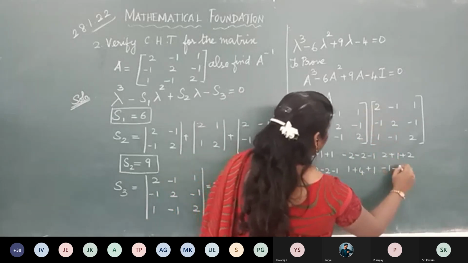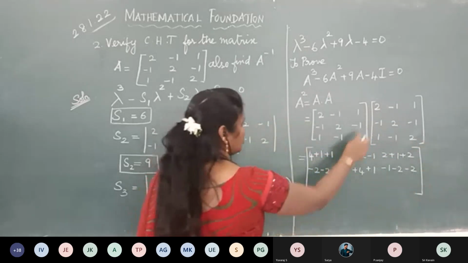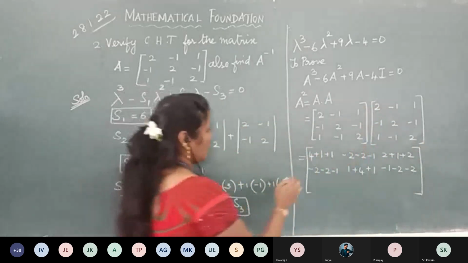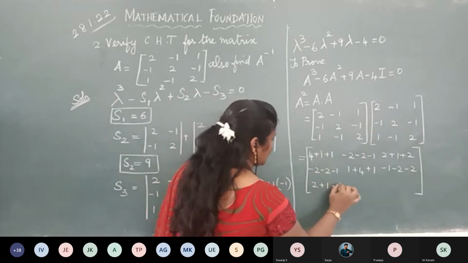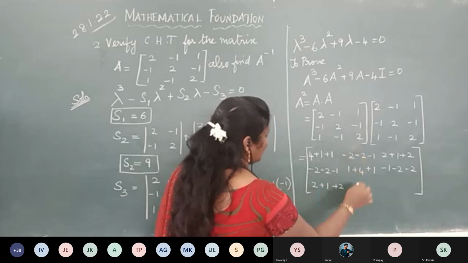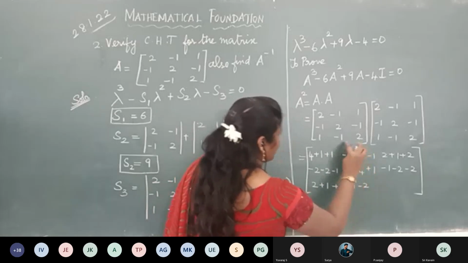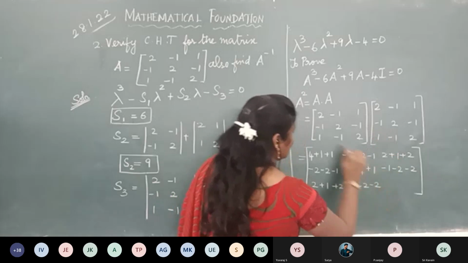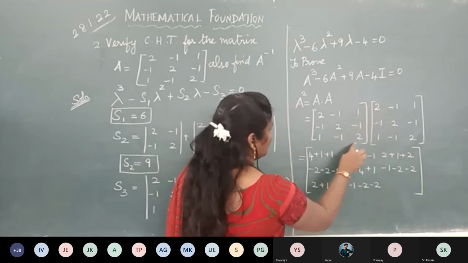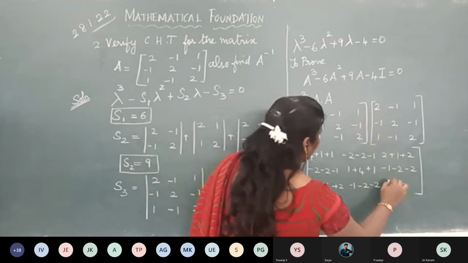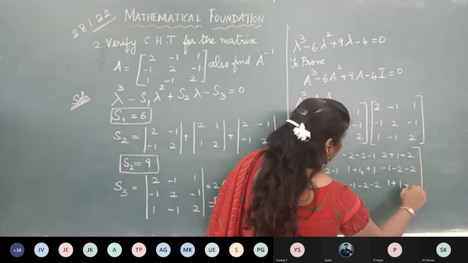Then minus 1, minus 2, minus 2. Last row, first column: 2 plus 1 plus 2. Then minus 1, minus 2, minus 2. Last row, last column: 1 plus 1 plus 4.